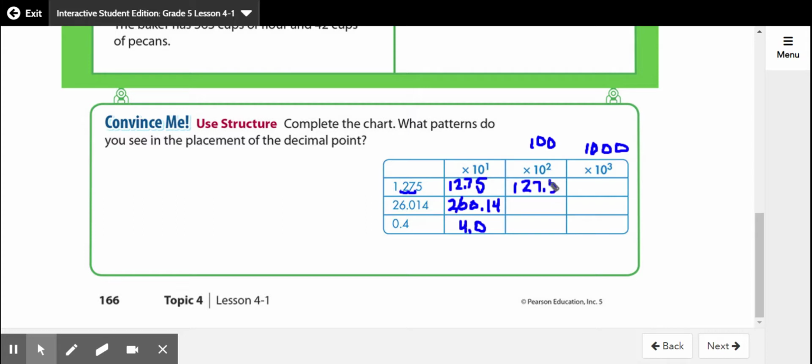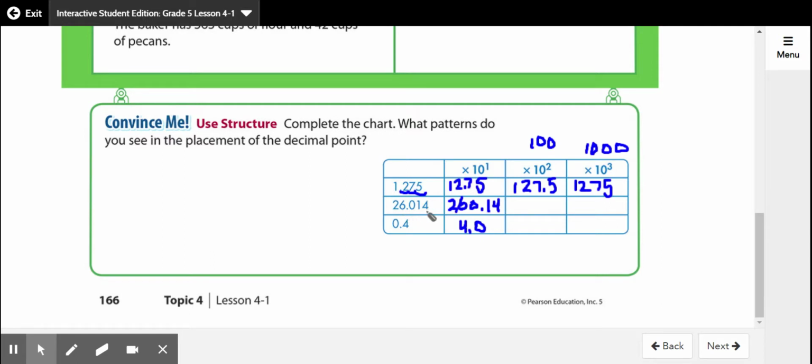Now that we're kind of on a roll here, if I move it over 1 more, I know it's going to be 1,000 now, 275. Sometimes I just put the numbers down and then I figure out how to say it after, because we got the pattern right.